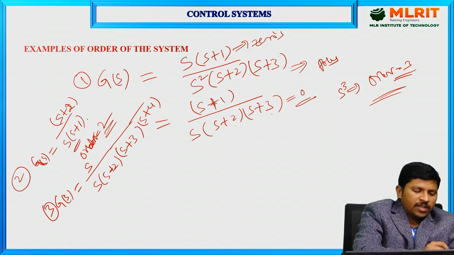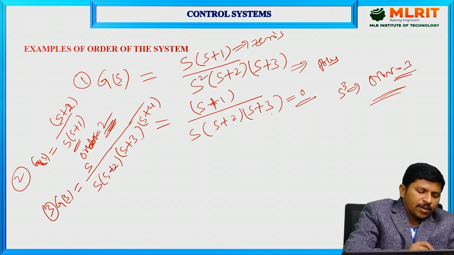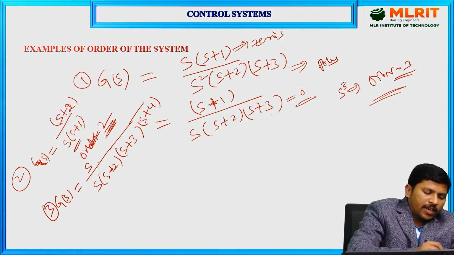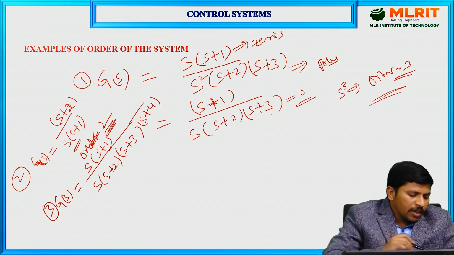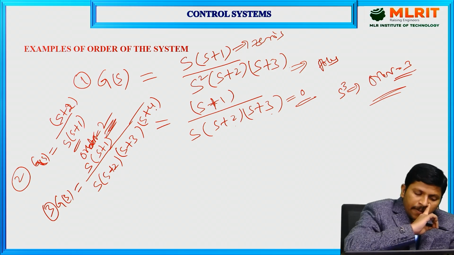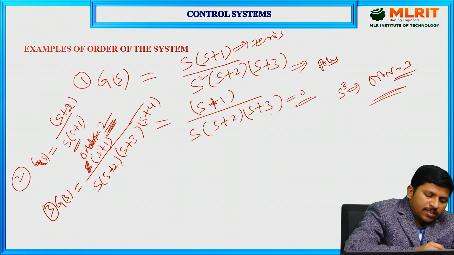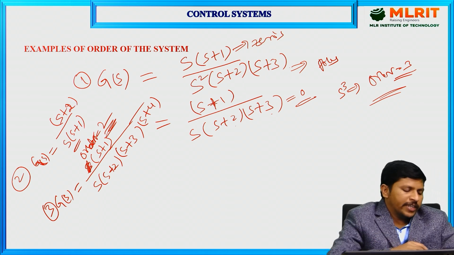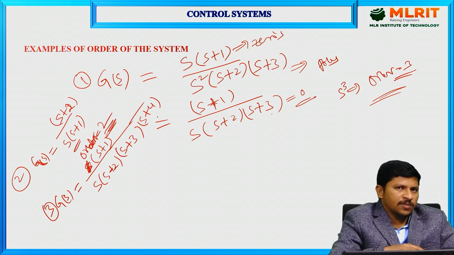Just observe here s and s square, so it is a second order system. Next, coming to this example, here I am going to take (s plus 1) divided by s into (s plus 2), (s plus 3), (s plus 4).